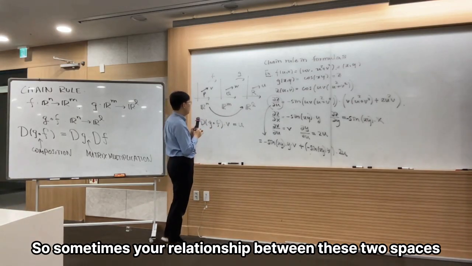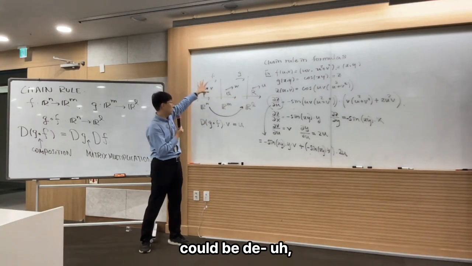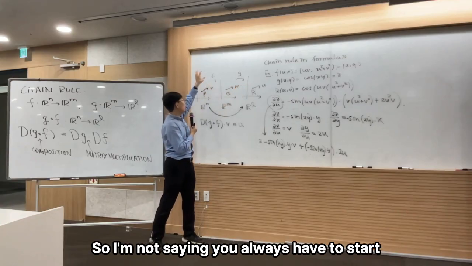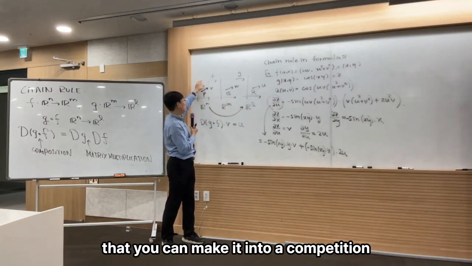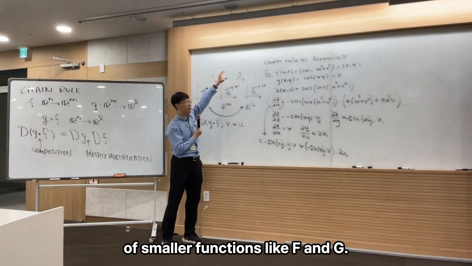So sometimes your relationship between these two spaces could be separated into several stages. So I'm not saying you always have to start with these separate stages. Let's say you have this map, original map, and somehow you figured out that you can make it into a composition of smaller functions like f and g.